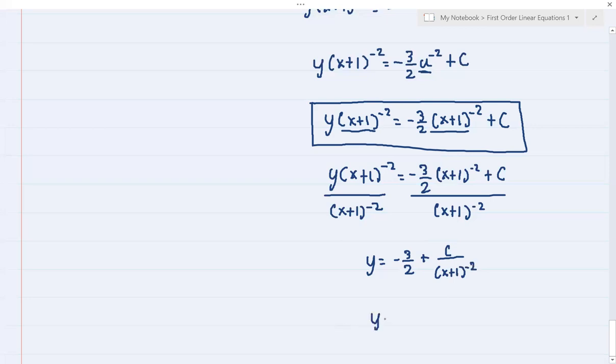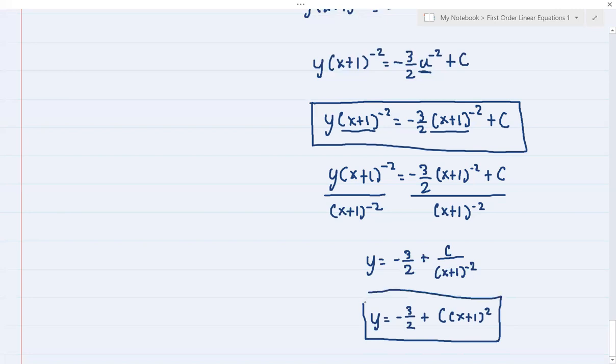So in here we will have y is equal to negative 3 halves plus c times quantity (x plus 1) squared.